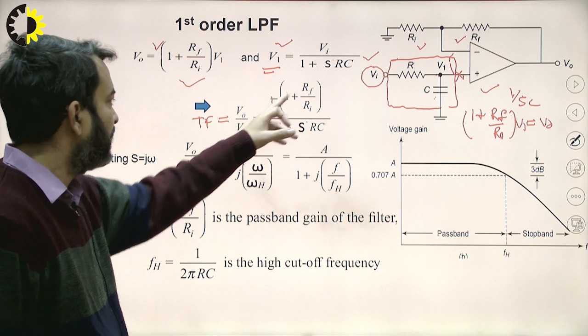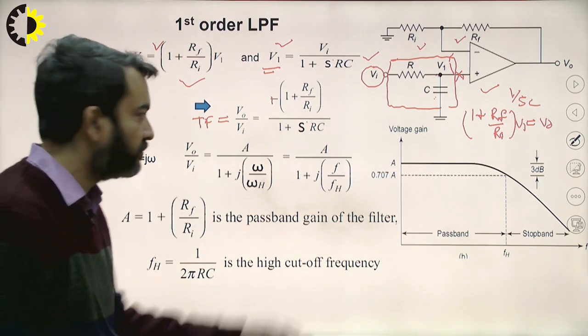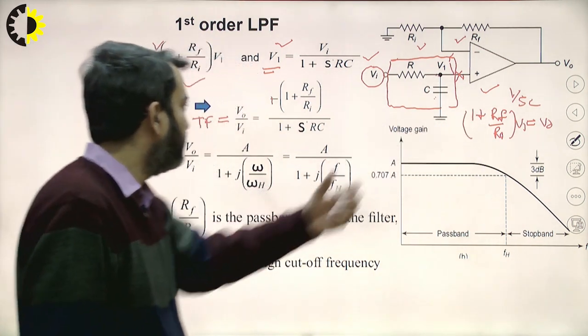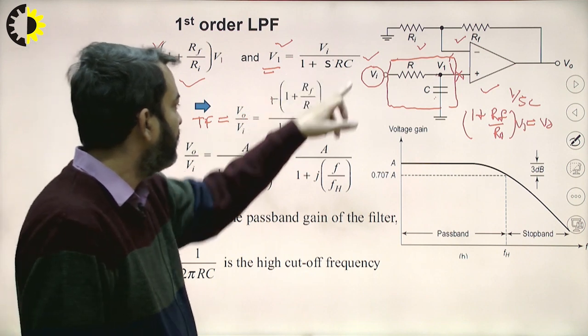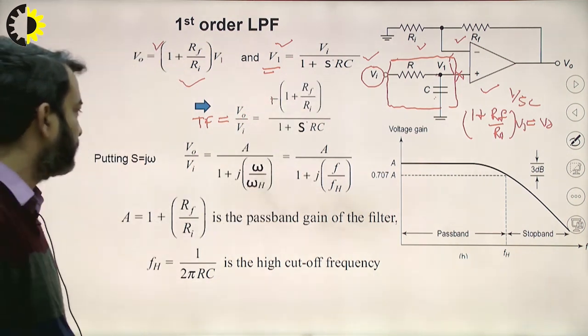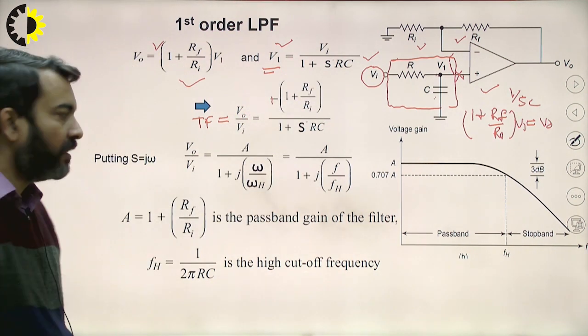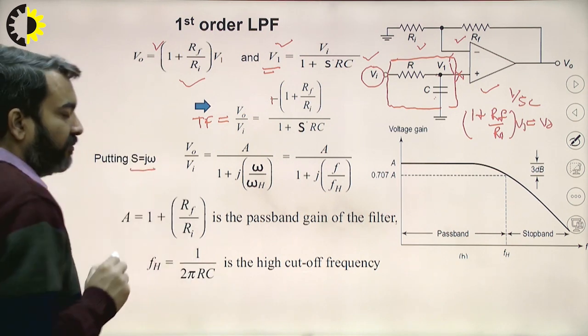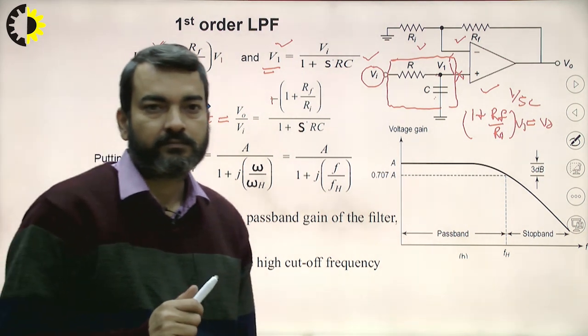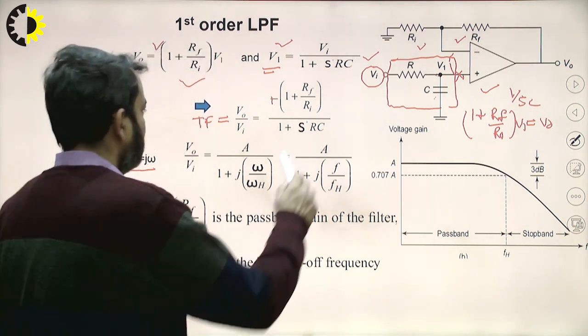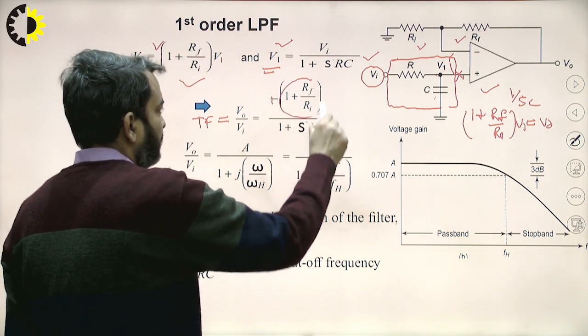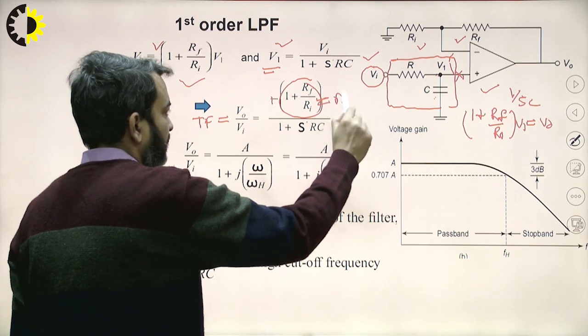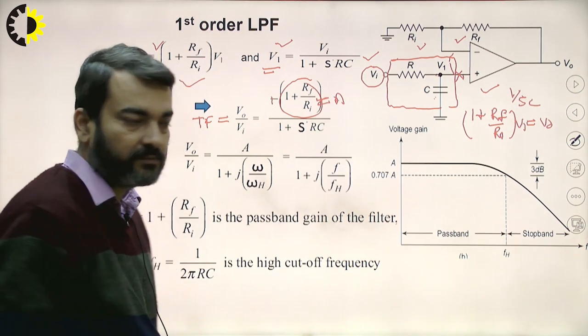So this is 1 plus RF by R1, gain is 1 plus RF by R1 divided by 1 plus SCR. If we are putting S is equal to J omega, so same equation, now here we have replaced this factor as A, the gain.